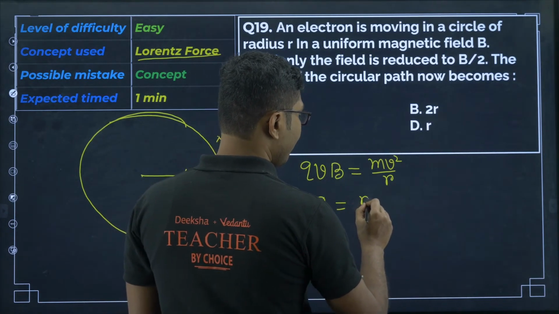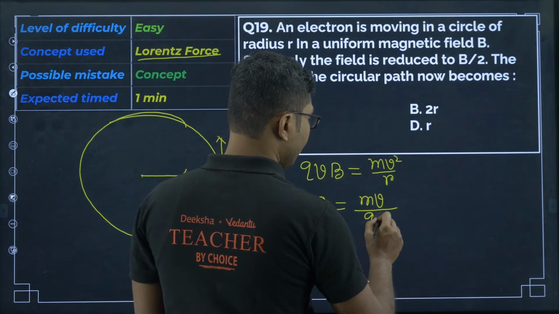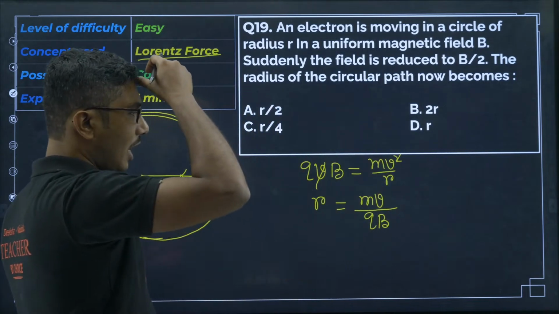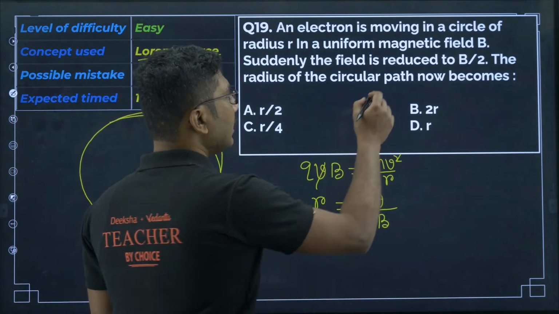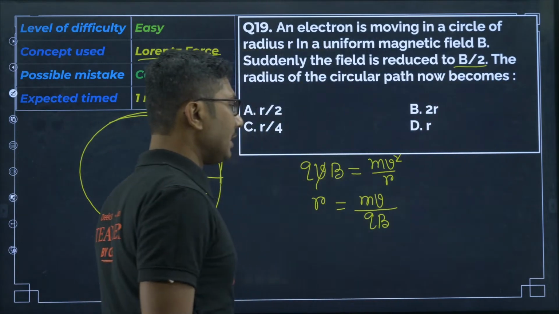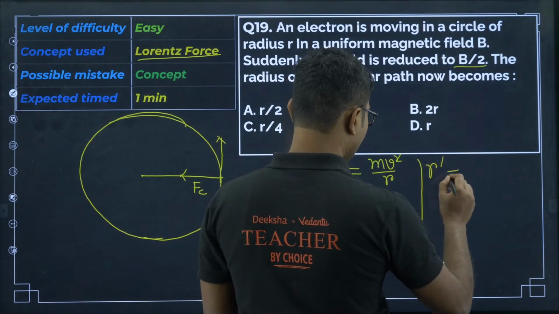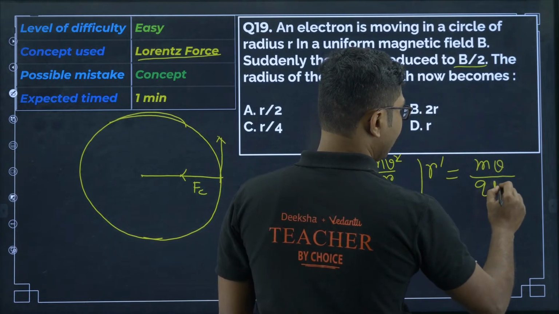Radius is mv divided by qB. Okay, one of the v's will cancel. So r is equal to mv by qB. Now, if you suddenly reduce the magnetic field to B by 2, then the new radius will be equal to mv by qB by 2.